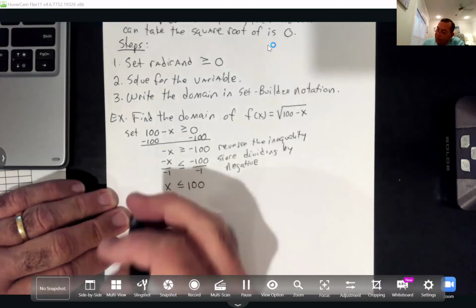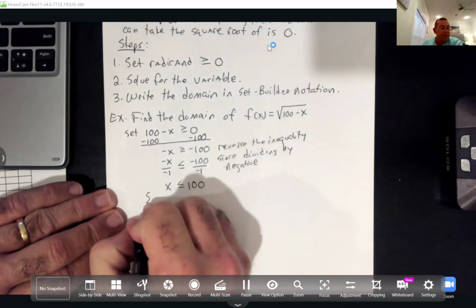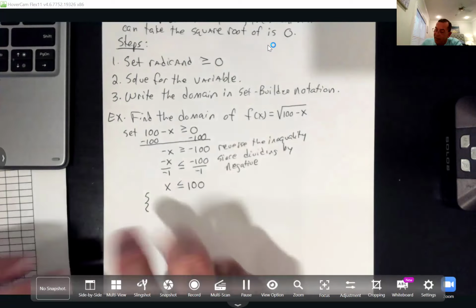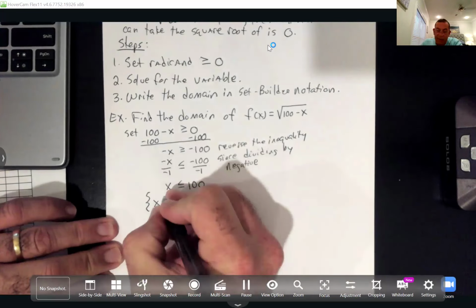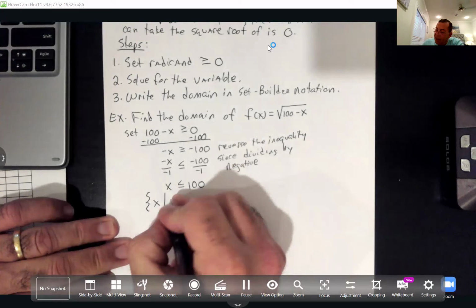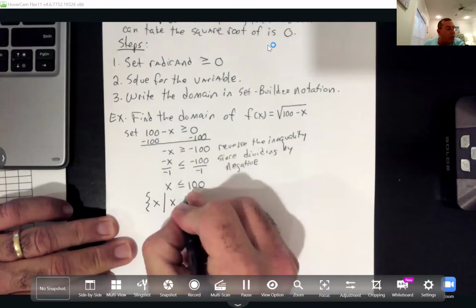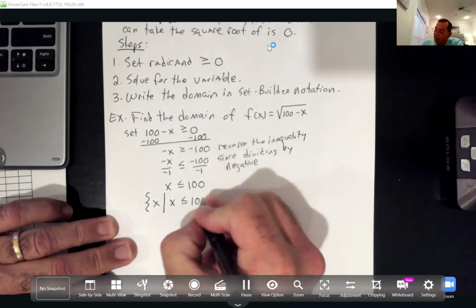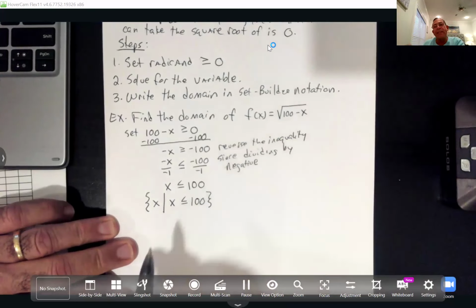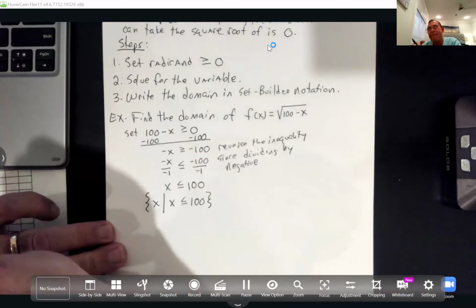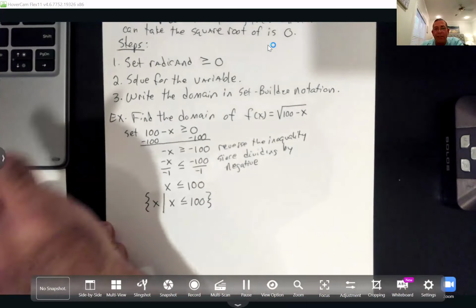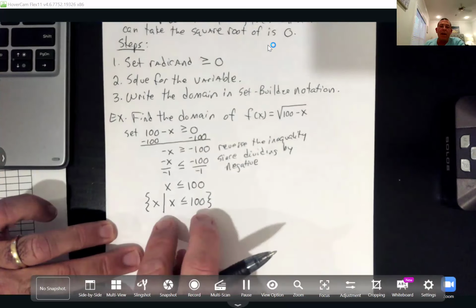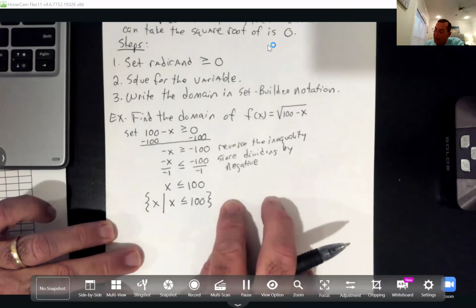So for set builder notation, we would have x such that x is less than or equal to what I got, which is 100. Now I'm going to write this in interval notation because I think in the support part of this, they're going to write it in interval notation method.